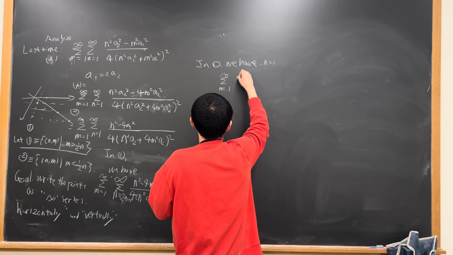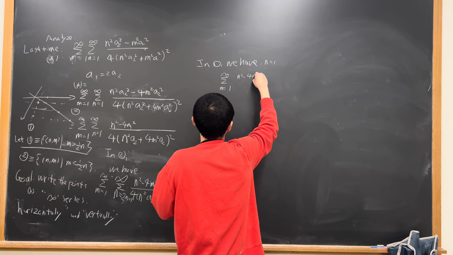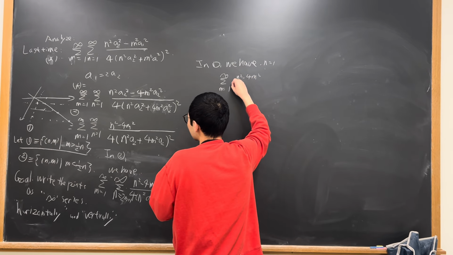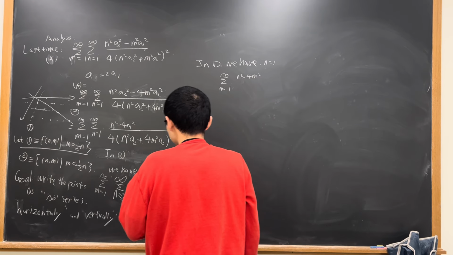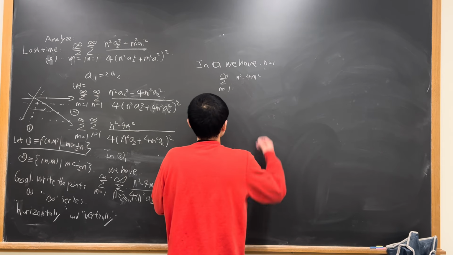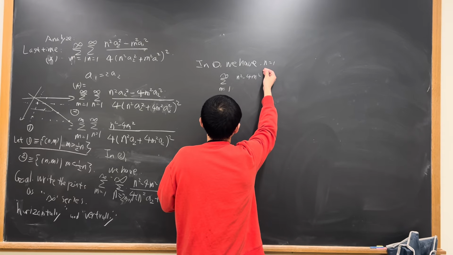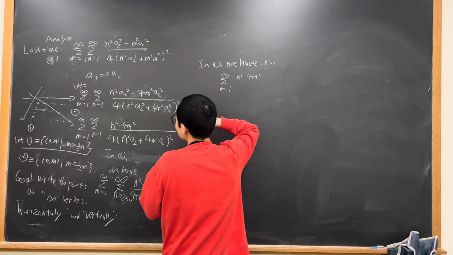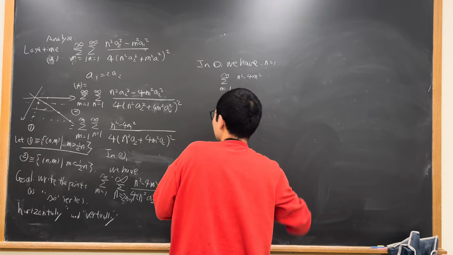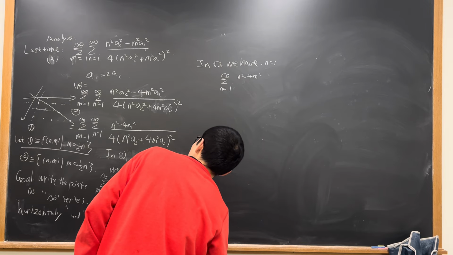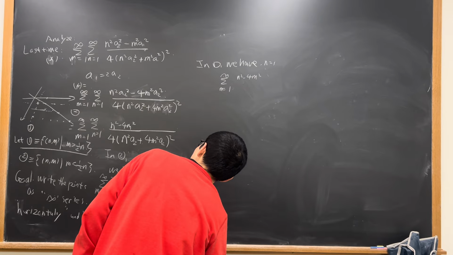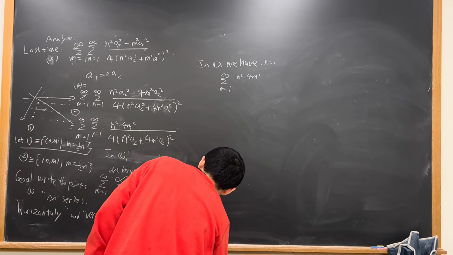So m squared minus 4m squared, or actually it's being reversed. So in this case it's actually negative.